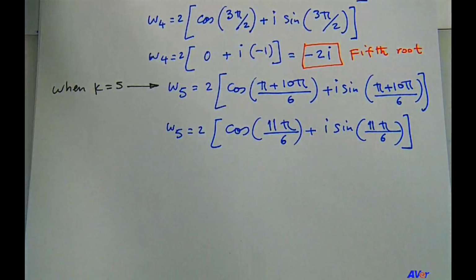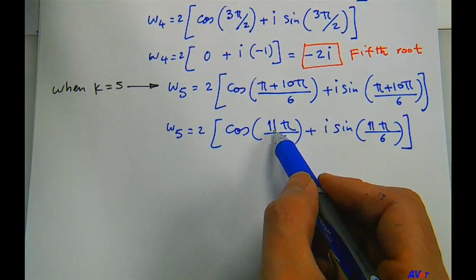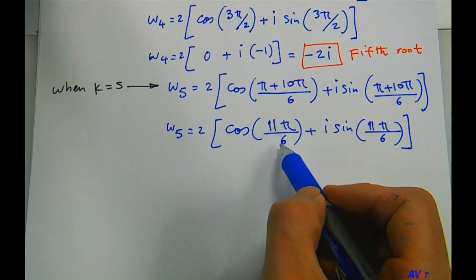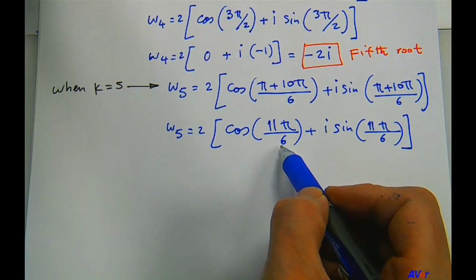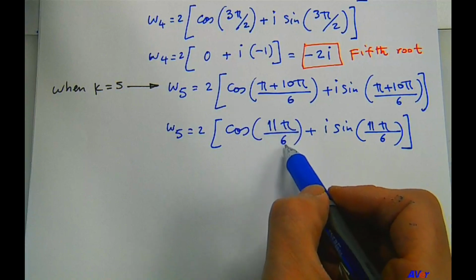Okay? So which quadrant is this? Well, if we were at 12 pi over 6, which is a slightly bigger angle than this, we would be at 2 pi, right? But this is slightly less than 12 pi over 6. So we are in the fourth quadrant.